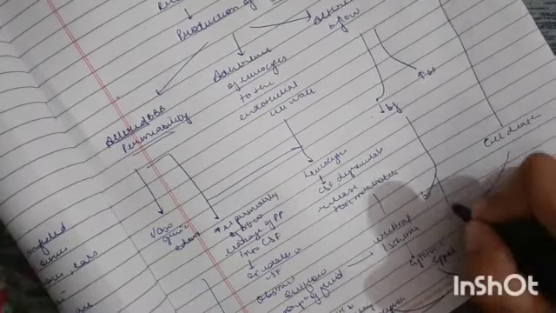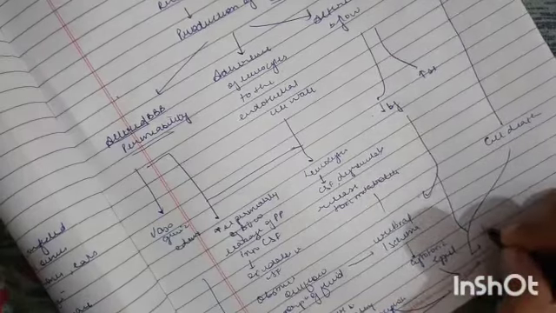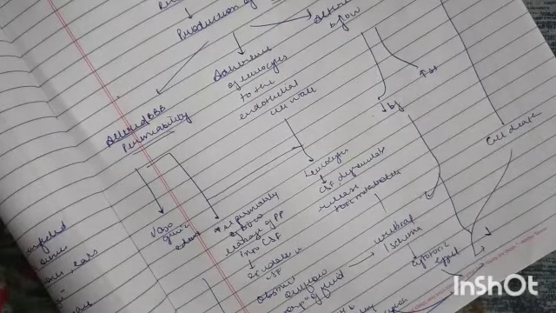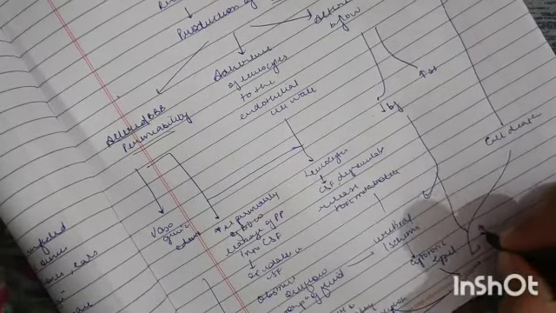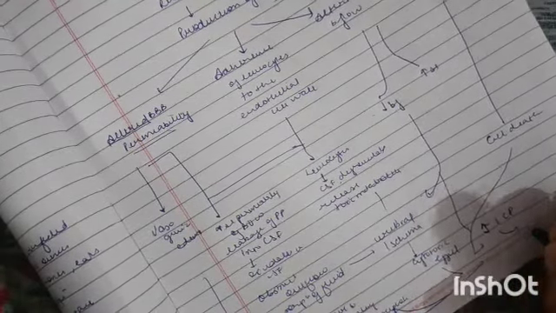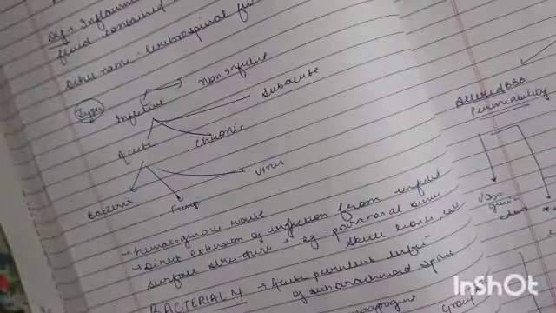All of them combined will lead to a decrease in consciousness and an increase in the intracranial pressure, ultimately leading to coma. Now, this was the pathophysiology of meningitis.